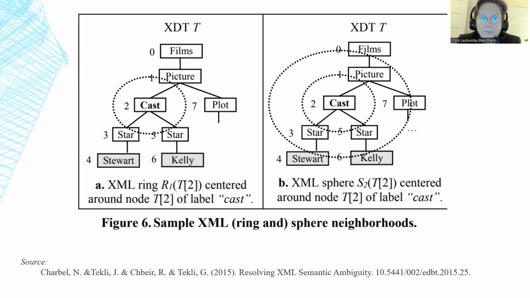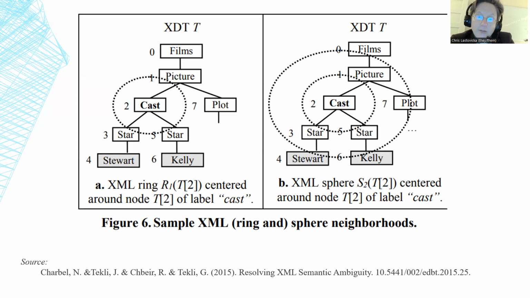This ring is a distance of 1 from the cast node. And you can see that one child distance is star, and there's another star. And then 1 up to the parent is picture.